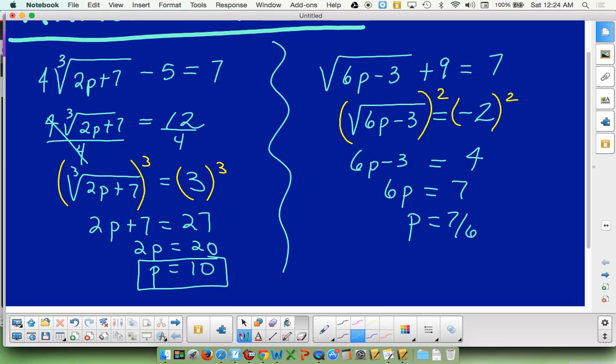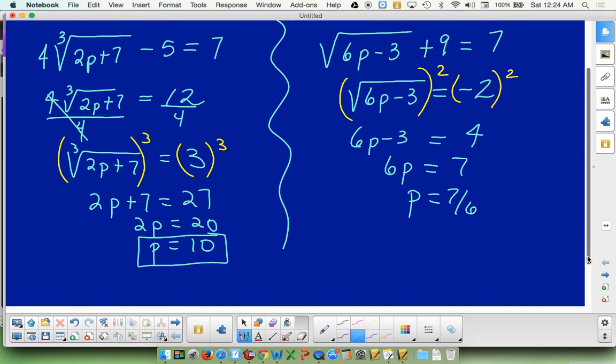Since I don't know if that actually works, anytime you have taken both sides to an even power, you will have to check your answers. Actually, in the original problem. So I really have to put that 7/6 back in there for p. The 6 will cancel. Square root of 7 minus 3, so now I have square root of 4 plus 9 equals 7.